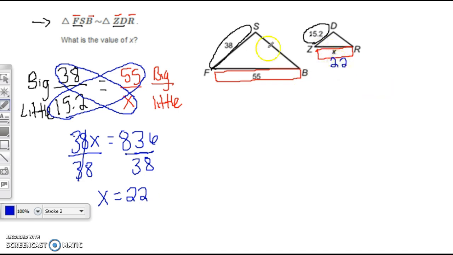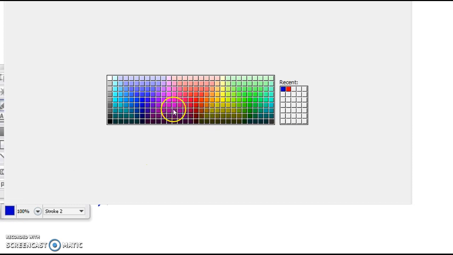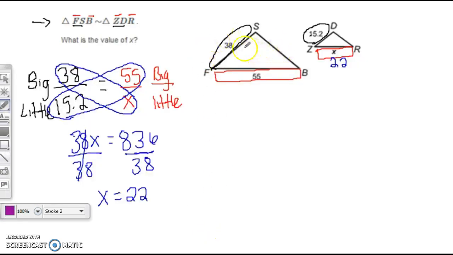I like to check these with scale factor. You can use scale factor to solve the whole thing if you want to, but it's a good way to check them. If I want to start with the big triangle and end up at the little triangle, I ask myself, how do I go from 38 to 15.2? If I divide 38 by 15.2, that gives me a scale factor of 2.5.